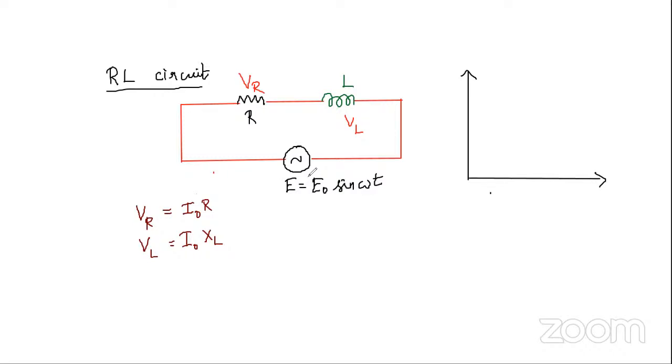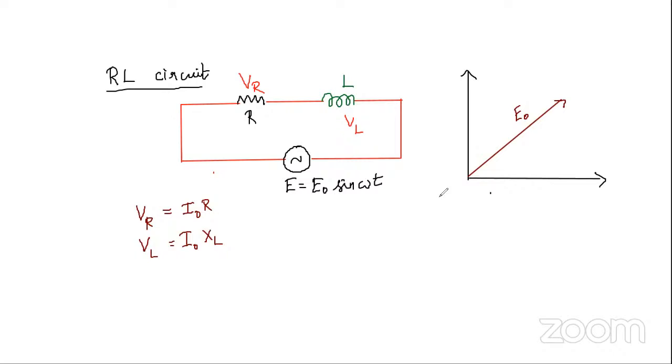This VR and EMF both are in phase. So that means here we have VR, and I will be drawing the E naught here. So here I am having E naught, but VR and I naught are in phase.